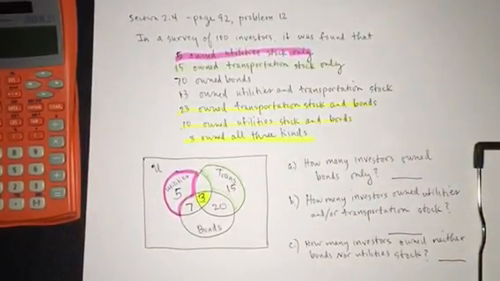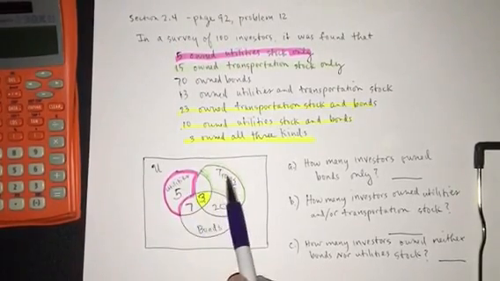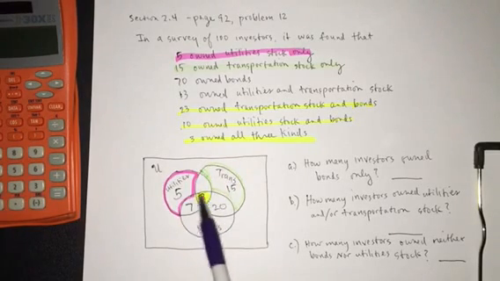The next line up, 13 people owned utilities and transportation stock. So utilities and transportation, the intersection of these 2 circles, and that's going to be this region, plus the 3 who owned everything because they owned utilities and transportation stock.